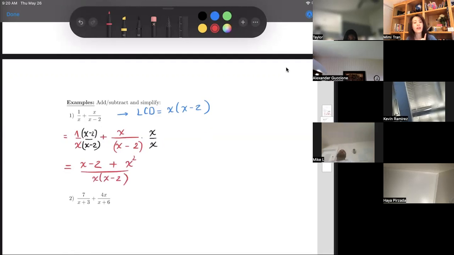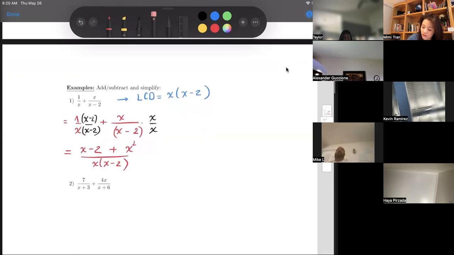I recommend you do not distribute the x in there. Some people like to distribute, x times x will be x squared, and then x times negative 2 will be negative 2x. But don't distribute, leave it like that. Maybe you'll be able to simplify, maybe not. Let's see if we can simplify. I don't know yet, but I'm going to go ahead and do a few more steps.